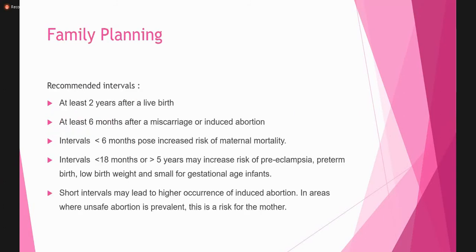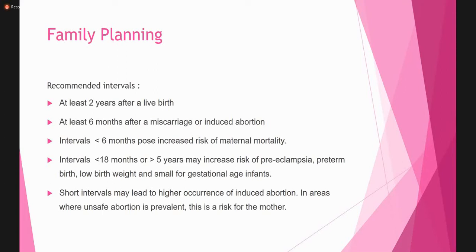So as we define the family planning, it is the informed choice, and the recommended intervals here are at least 2 years after a live birth. So the couple should plan the next child at least after 2 years after a live birth, at least 6 months after a miscarriage or induced abortion. If a female has suffered a miscarriage or she had induced abortion due to some reason, then there must be at least a 6 months gap or interval. Intervals less than 6 months pose increased risk of maternal mortality.